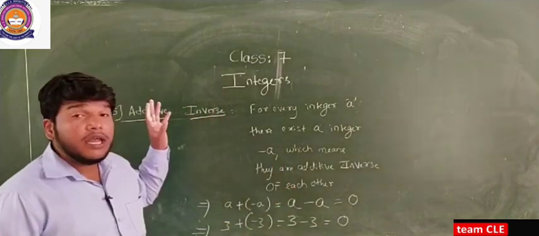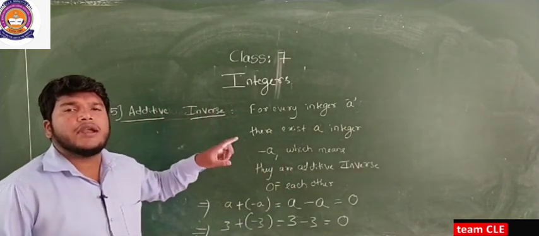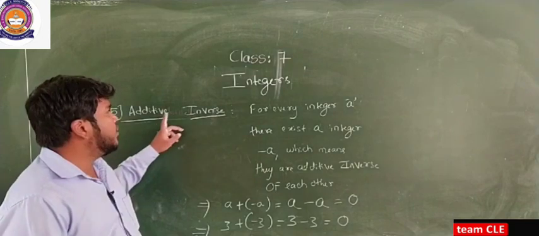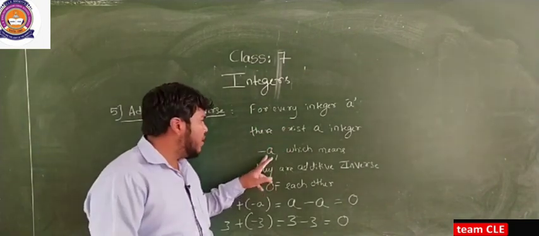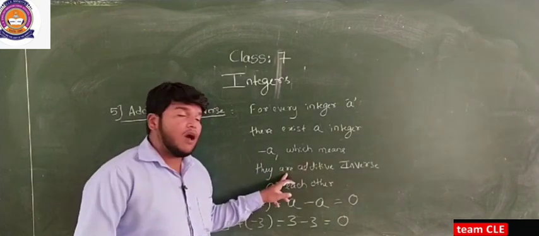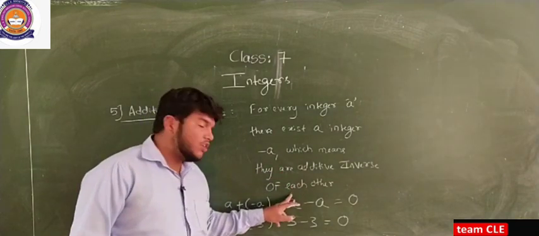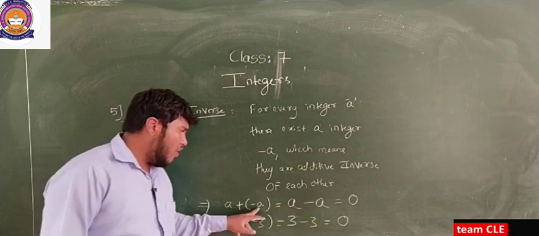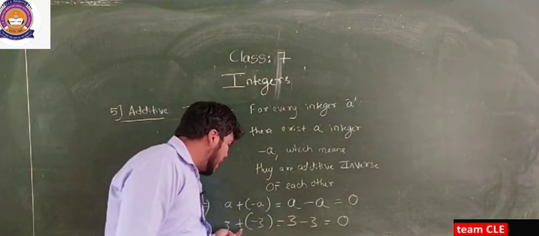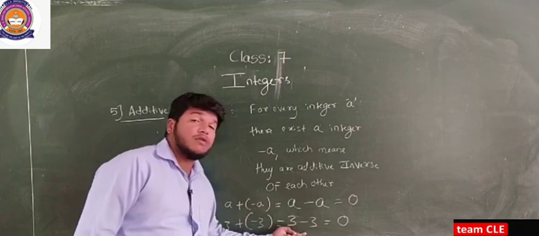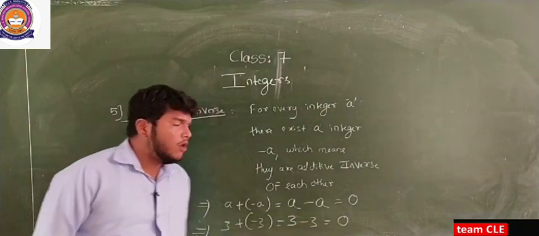And also you have learned additive identity: 0 is the additive identity of integers, and additive inverse: for every integer a, there exists an integer minus a, which means they are additive inverses of each other. Means a plus of minus a is equal to a minus a, which is equal to 0. 3 plus of minus 3 is equal to 3 minus 3, which is equal to 0.